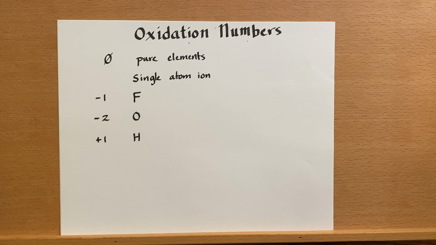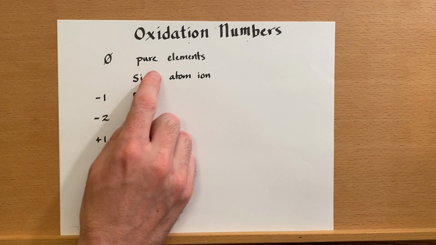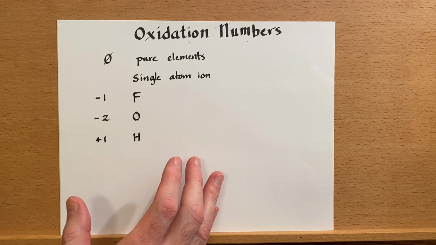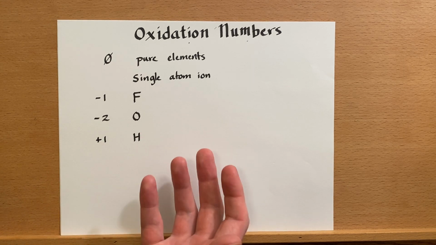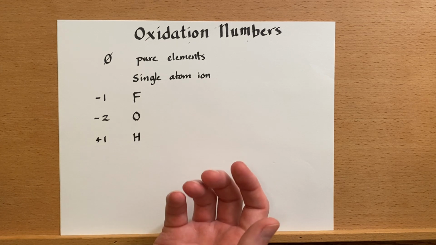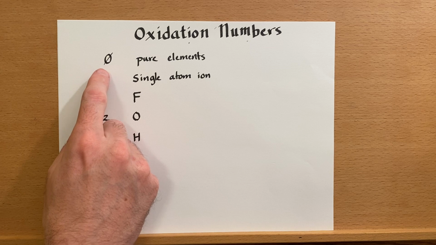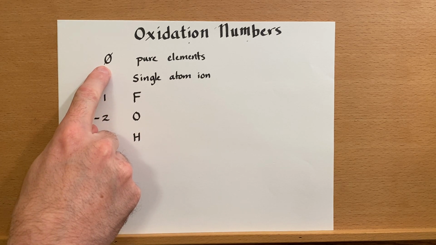Oxidation numbers. We may already be familiar with this, but as a useful review, we'll go over the rules of assigning oxidation numbers as a quick refresher. So, first off, any pure element, that is an element all by itself, such as H2, which comes as a diatomic, or iron metal, has an oxidation number of 0.